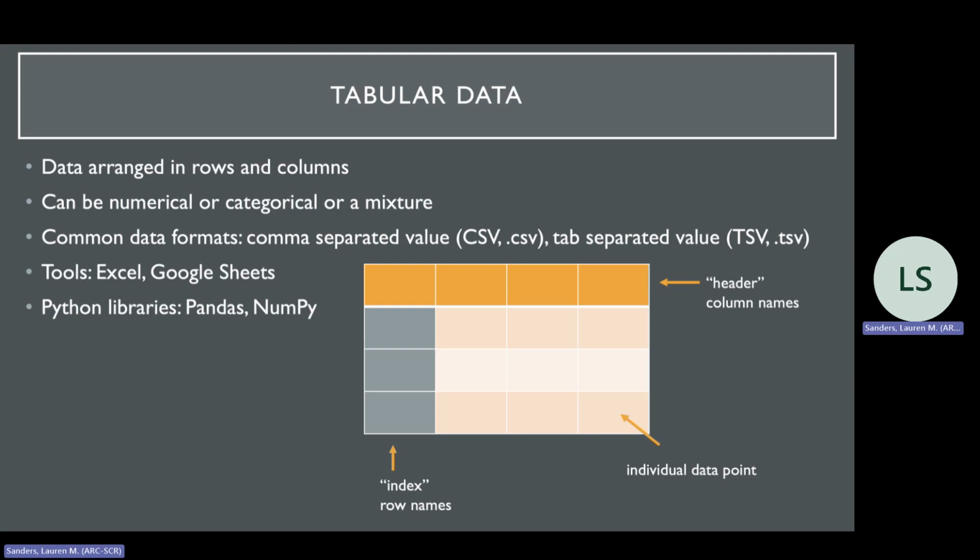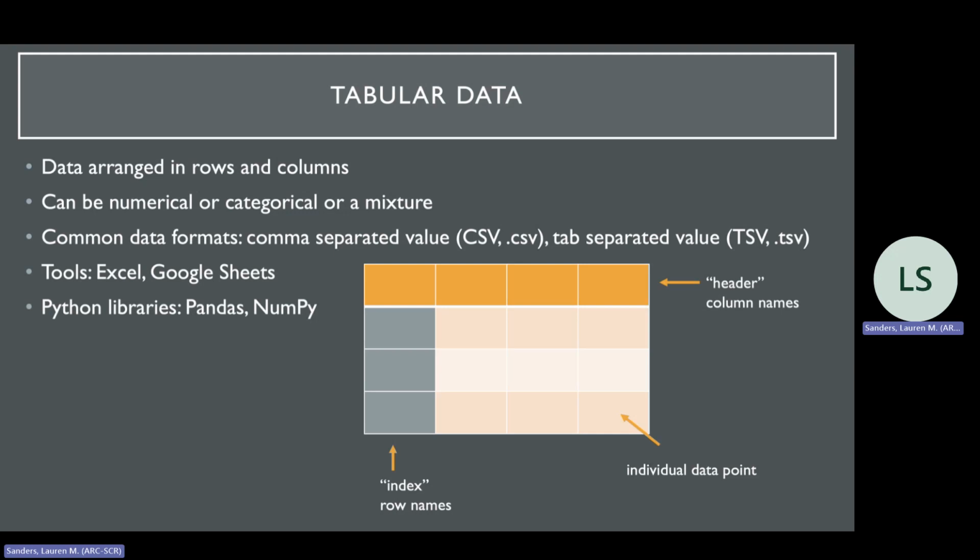Common data formats include the comma-separated value format, CSV, or the tab-separated value format, TSV, where between each column is either a comma or a tab. If you're working with this type of data not in a coding scenario, common tools are Excel or Google Sheets.